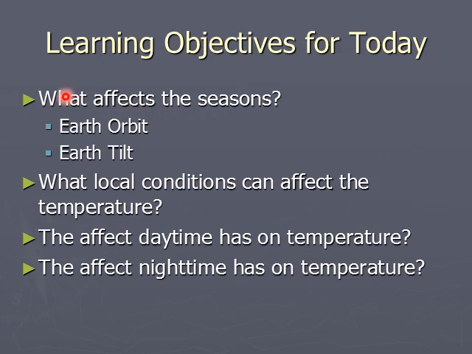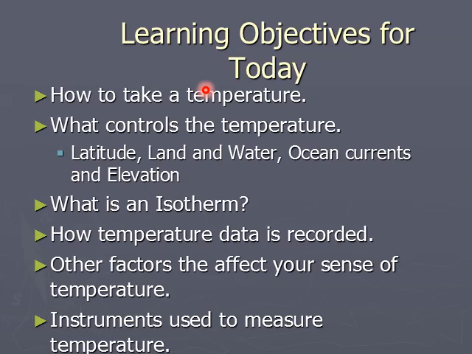Hopefully you have a better understanding of what affects the seasons, about the Earth's orbit and the Earth's tilt, what local conditions can affect temperature, how the daytime affects the temperature of the atmosphere, how nighttime can affect the temperature of the atmosphere, how to take the temperature of the atmosphere, what controls the temperature of the atmosphere, what other things can control the temperature of the atmosphere, what is an isotherm, how temperature data is recorded, other factors that affect your sense of temperature, basically wind chill and heat index, and some of the instruments you can use to measure temperature.